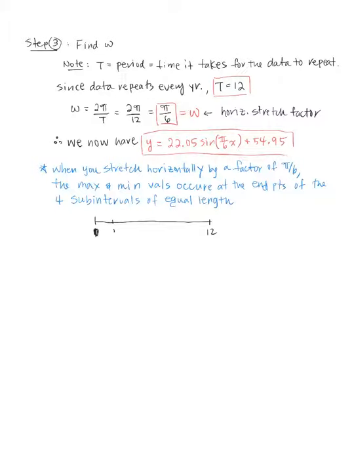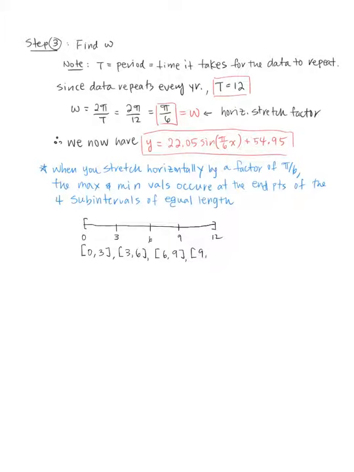Oh my goodness, I'm sorry, this is getting so messy here. Okay, so let me try this again. So this is 0, that's 12, so you're going to have 3, and then 6, 9, and 12. So the subintervals are going to be 0 to 3, 3 to 6, 6 to 9, and then 9 to 12.